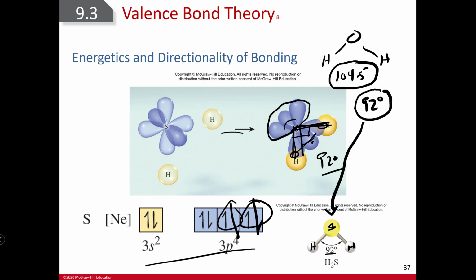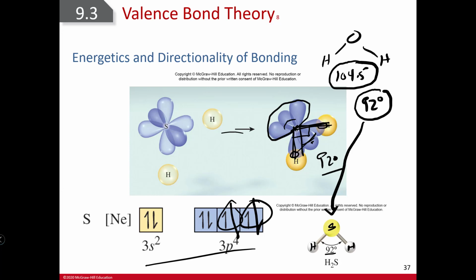We call that valence bond theory. The problem is, it doesn't work with many of the covalent compounds we've been talking about. It worked for hydrogen sulfide, but definitely does not work for oxygen.